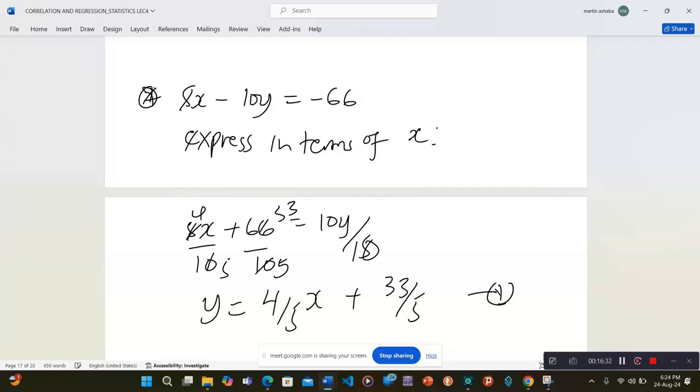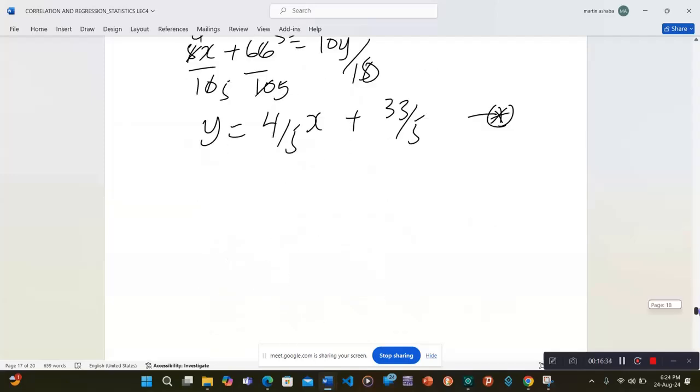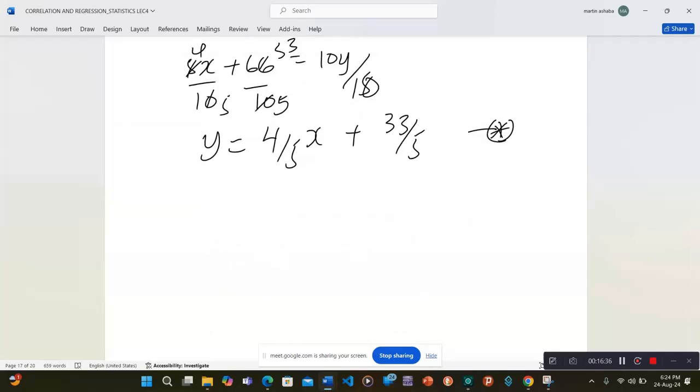That is our equation. So that will tell you that this m1 is equal to 4 out of 5. And this is the same as sigma y divided by sigma x.